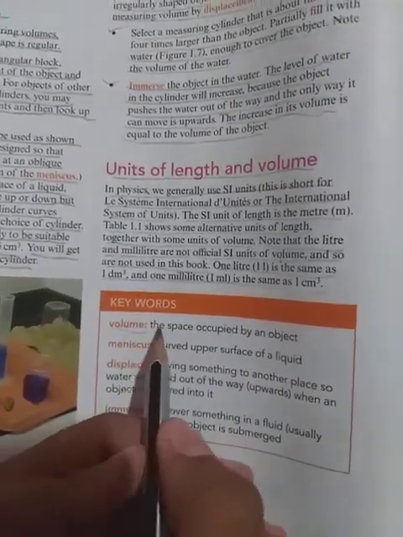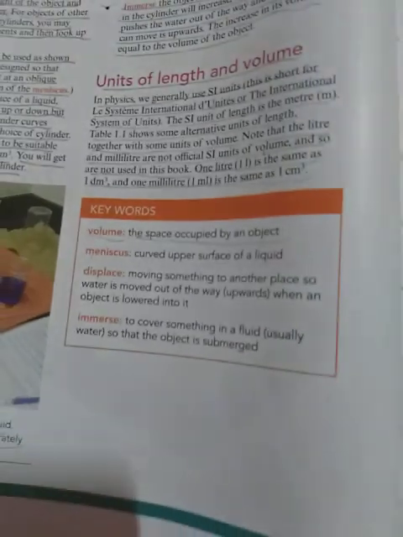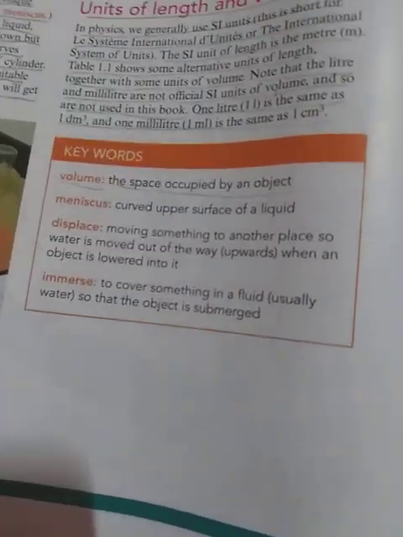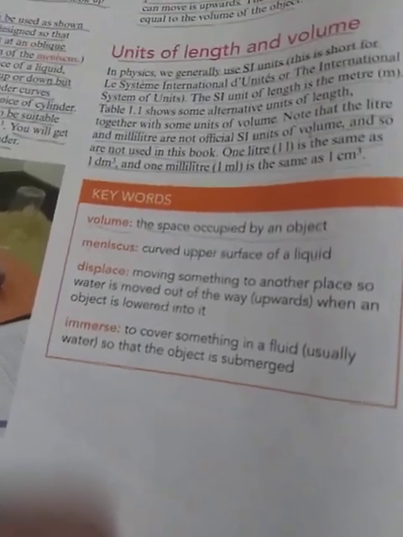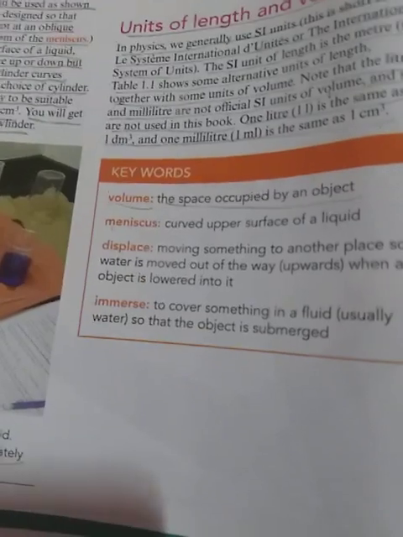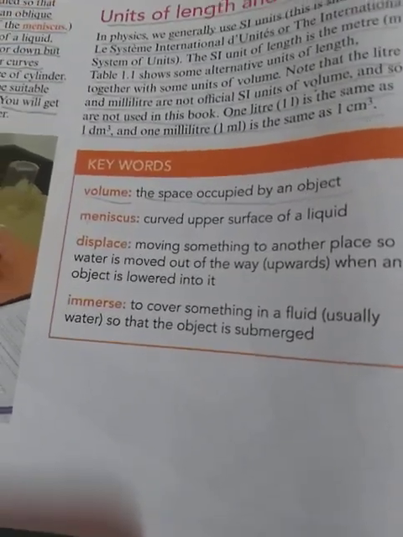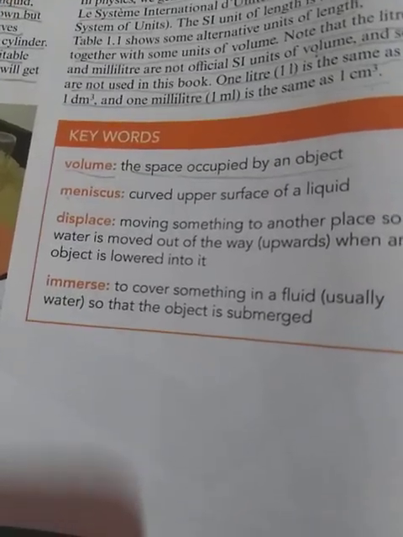So what is volume? The space occupied by an object. Here let me tell you the difference between volume and area. Area is also occupying space and volume is also occupying space. So why are these two differentiated? For area we get the units in square units, and in volume we get the units in cubic units.